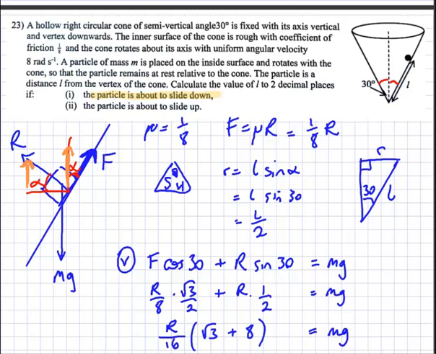That may be of use to us. So with R as common factor, we bring 16 out, which is the 8 and the 2, so I have to multiply R over 2 by 8. So we have R over 16, brackets root 3 plus 8, is equal to mg. We'll park that for a moment.